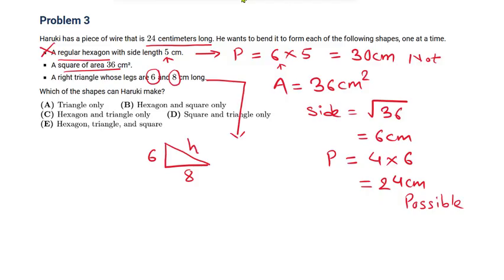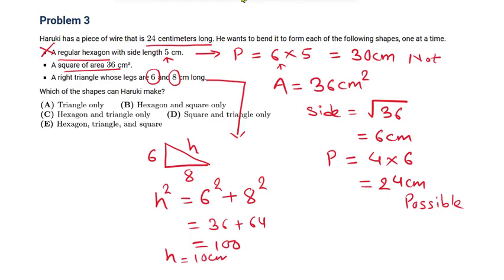But to find the hypotenuse in a right angle triangle, we have a relation: the square of the hypotenuse is equal to the sum of the squares of the two other sides. That means 36 plus 64, which is 100. So the value of h is 10 centimeters.